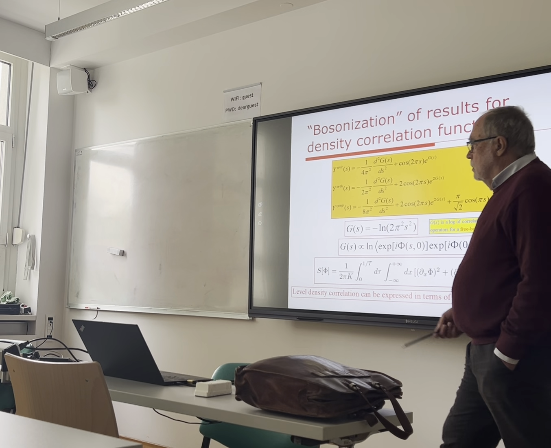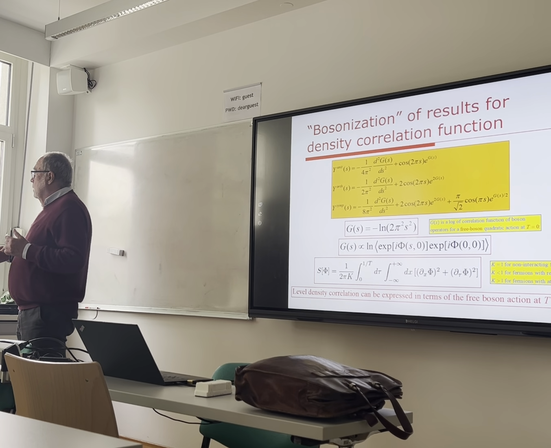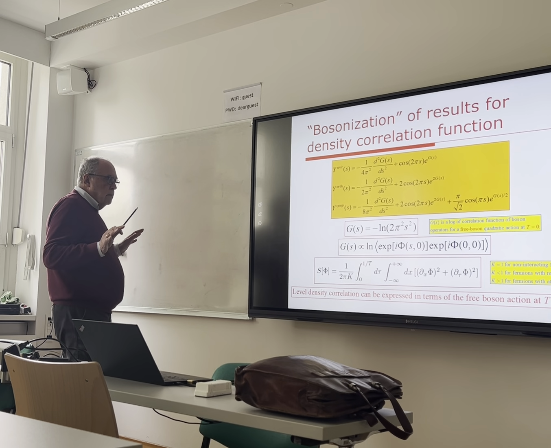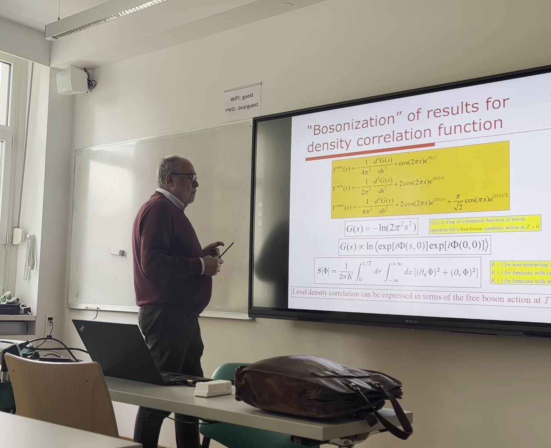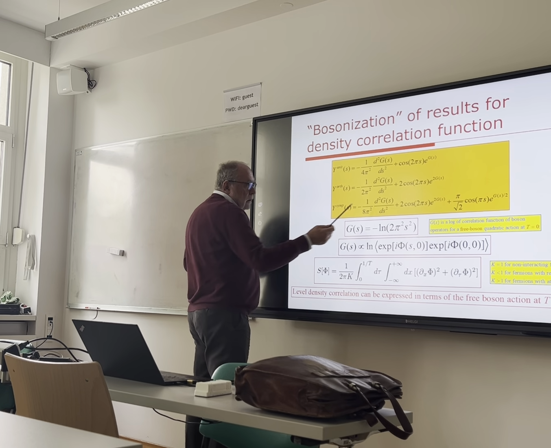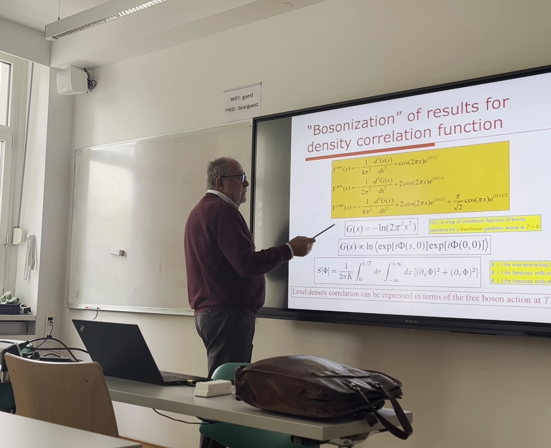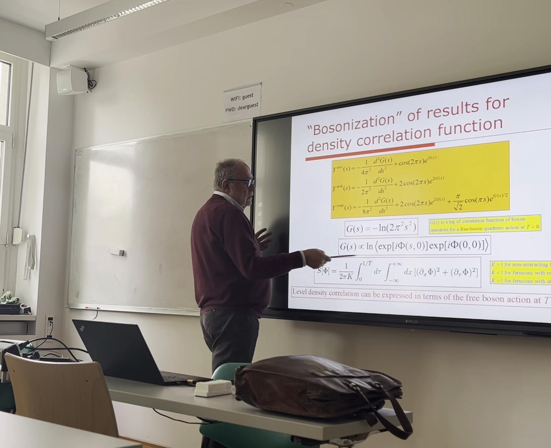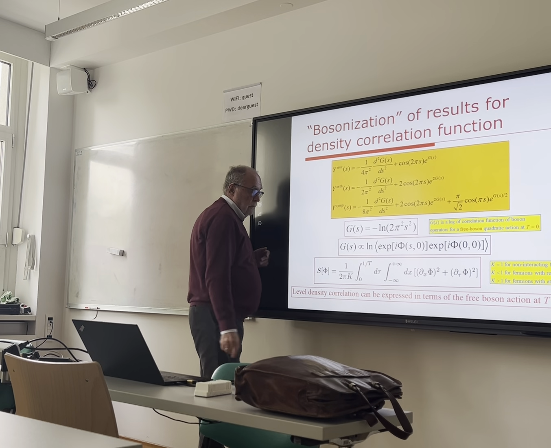You see, this formula was obtained just by orthogonal polynomials and so on. Nothing about bosons, nothing about fermions. But when I look at it carefully, I will show you that this G is essentially the Green's function of free bosons at zero temperature.